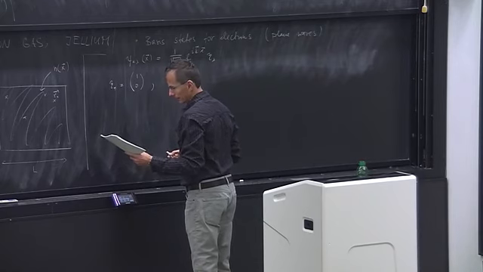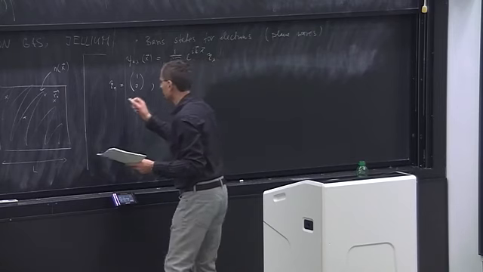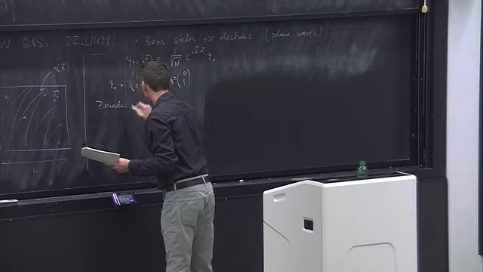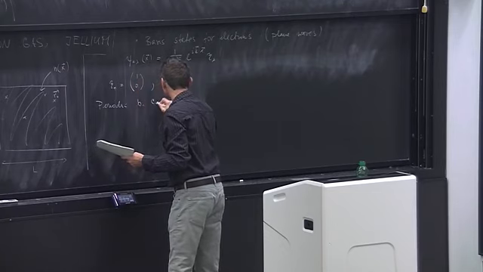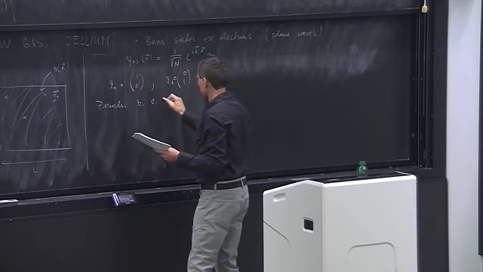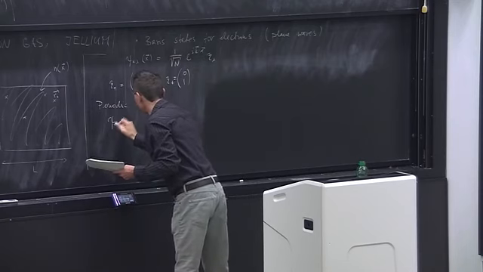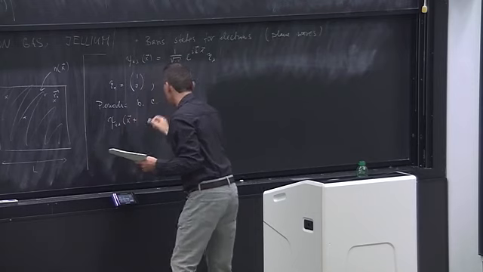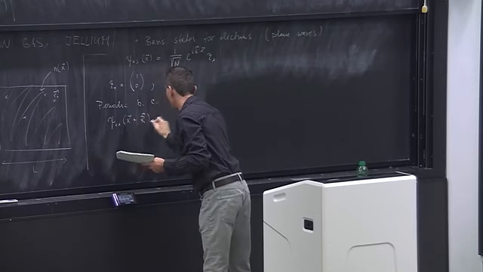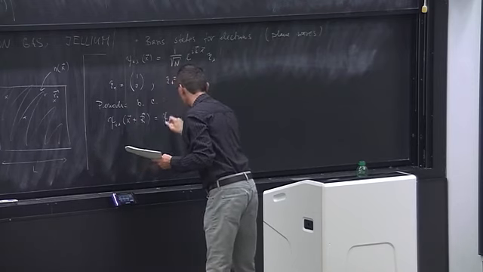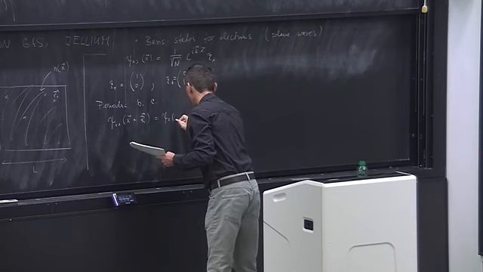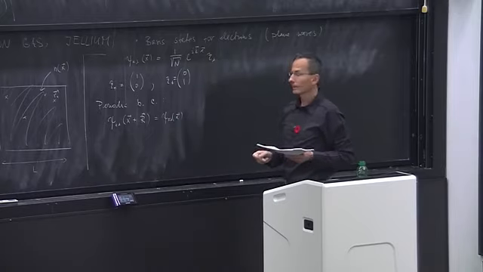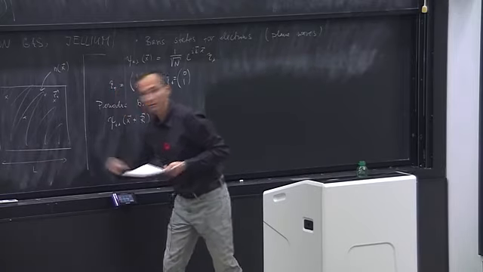And the second thing that I want to mention is that we use periodic boundary conditions. Namely, psi_k lambda of x plus r goes back to psi_k lambda of x, where r is any vector composed of multiples of L, right?